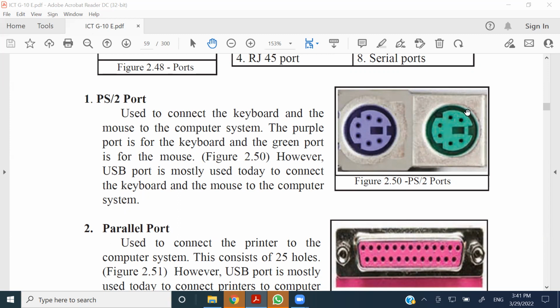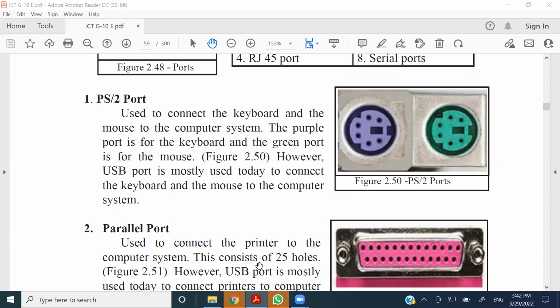Generally, a mouse connects to this green PS2, and the keyboard connects to this purple PS2. But nowadays, it is very hard to find these kinds of PS2 ports on your computer, right? Now it is configured with USB ports.